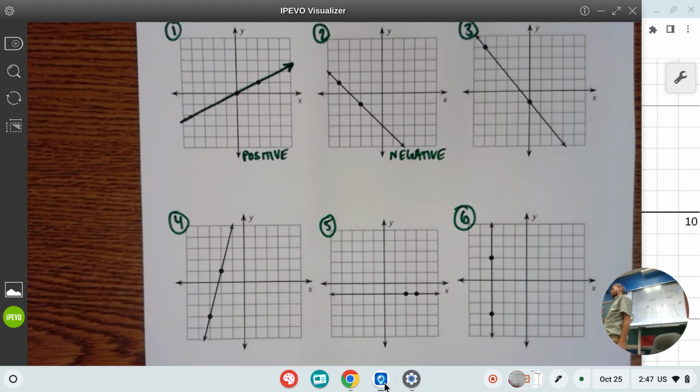You got 70 seconds left. Keep it going. You got them labeled? You okay? We able to label these? Nice, nice, nice. We got positives, negatives. How we doing? Cool. Sweet. We're halfway through our timer.